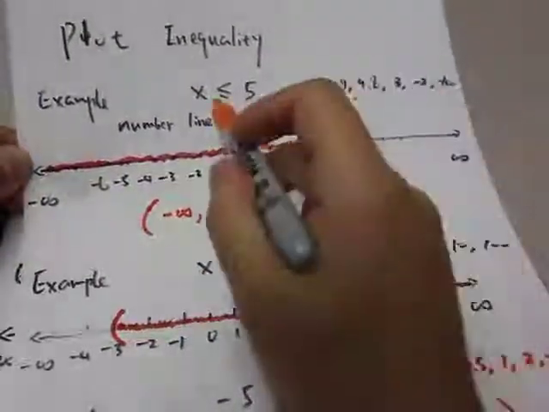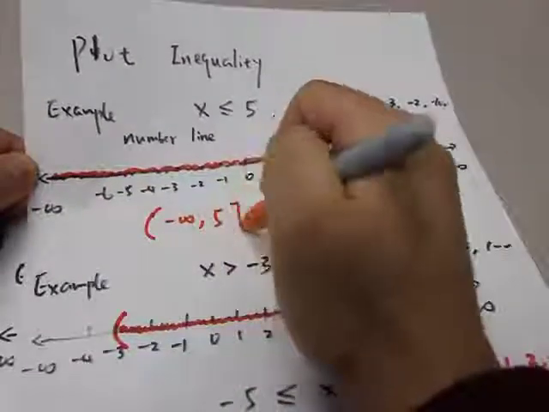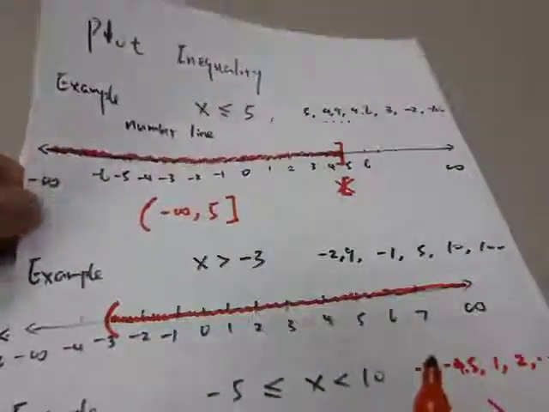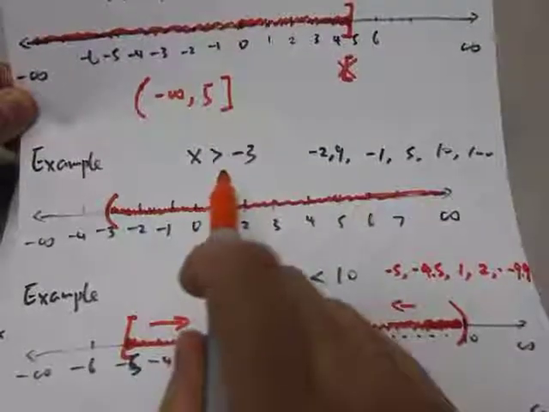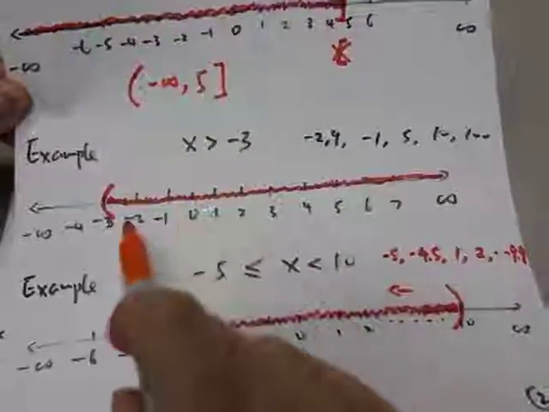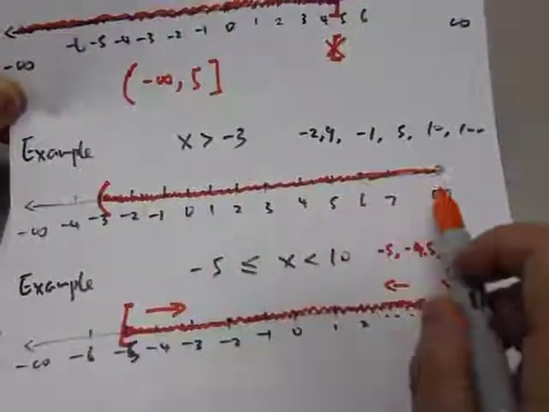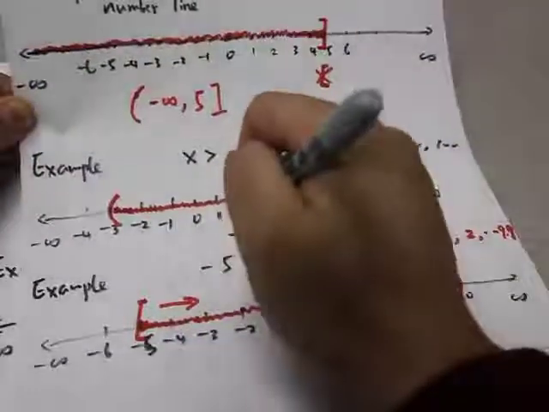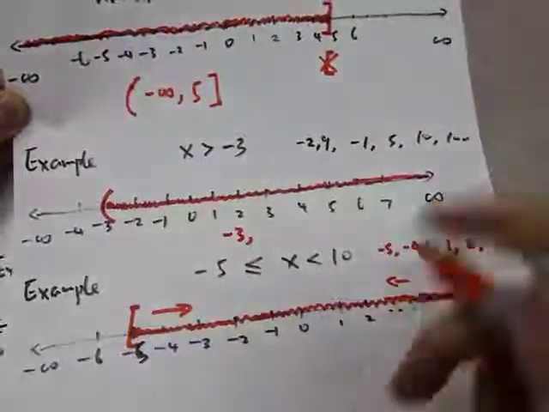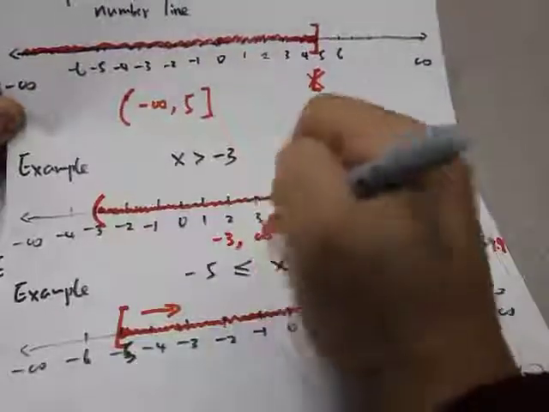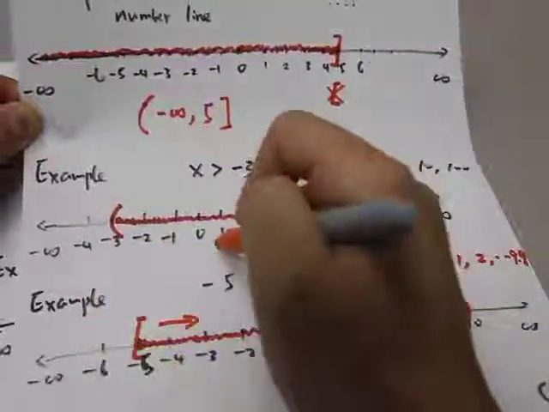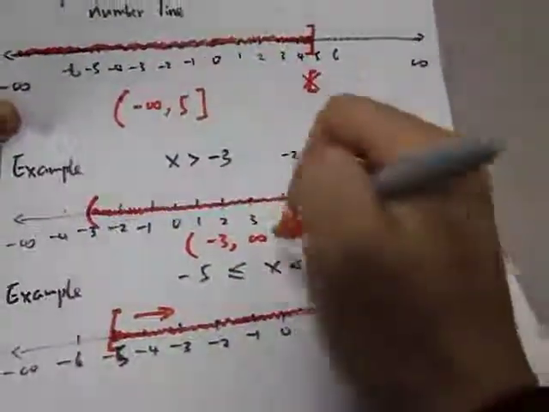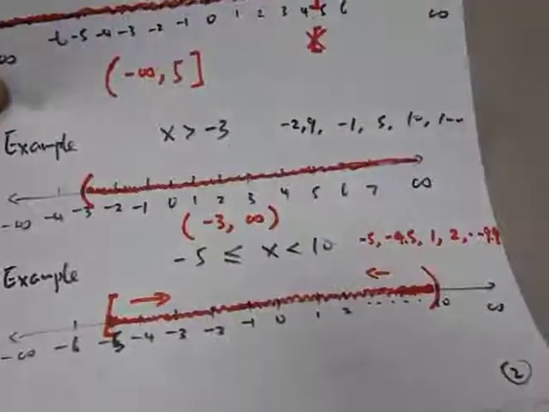And for the 6, because this is equal, we have a bracket. And let's look at the second example. So for -3 to positive infinity, -3 is the smallest thing, and the infinity is the biggest thing. And over here we have a parenthesis, and over the infinity we have another parenthesis.